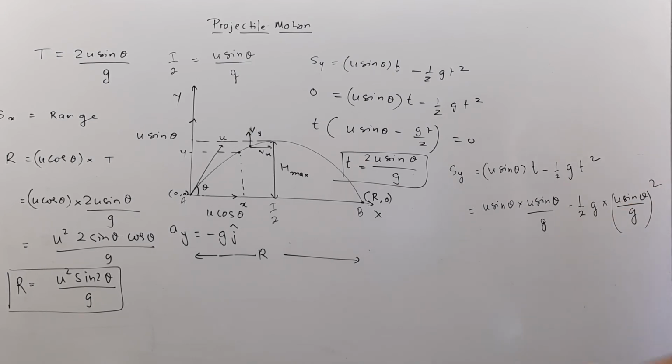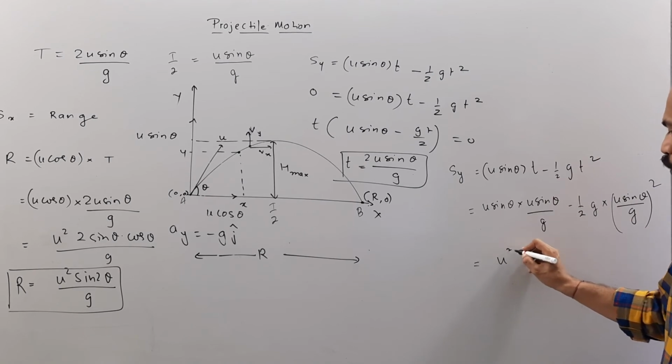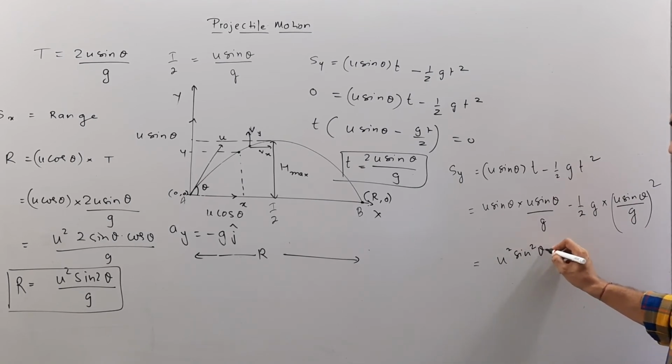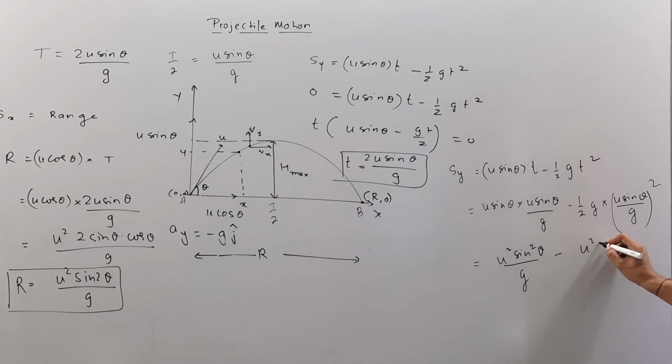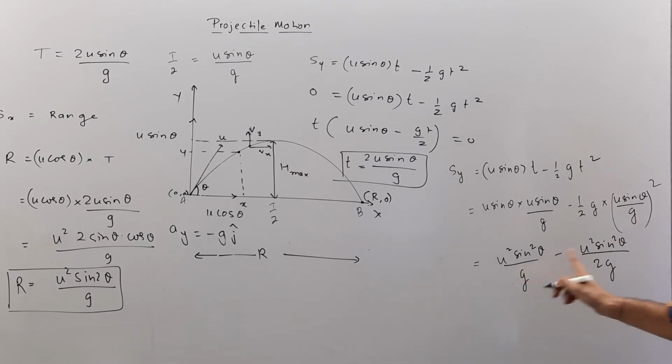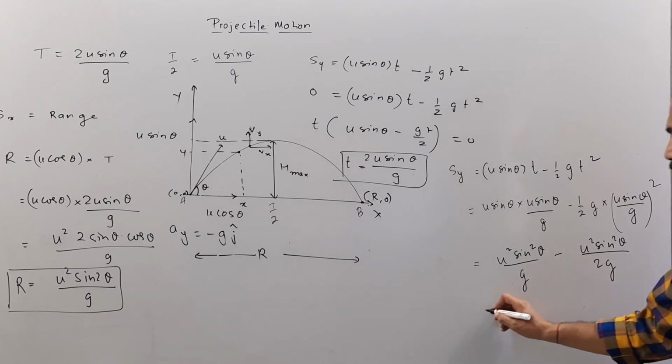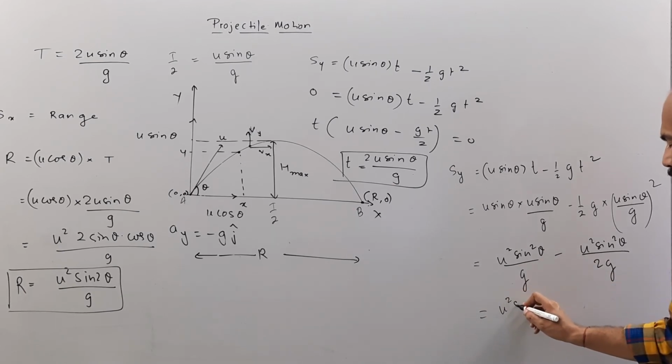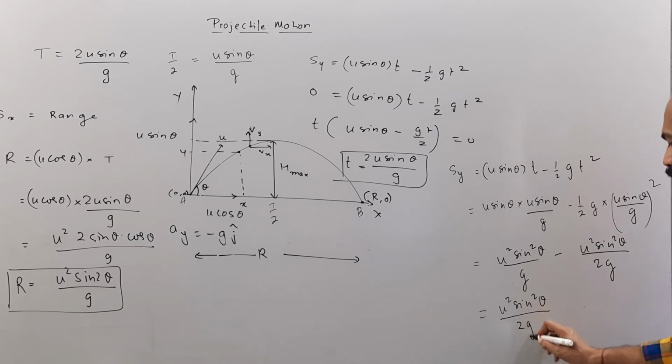So ultimately what we get is u square sin square theta by g minus u square sin square theta by 2g, because one g and the other g will get cancelled over here. So when you subtract both of them, what we get is u square sin square theta by 2g.